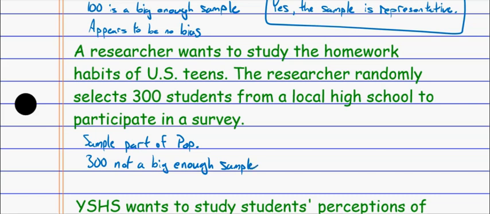And then the last thing we look at is in terms of bias. Because the researcher is only collecting 300 students from one local high school, that is going to impact the results. It's going to influence the results because the students at that high school might all have similar study habits. Are we talking about a high achieving high school or a low achieving high school?